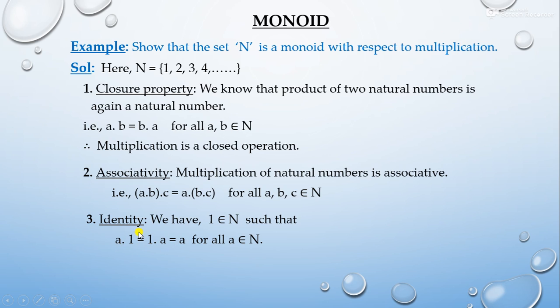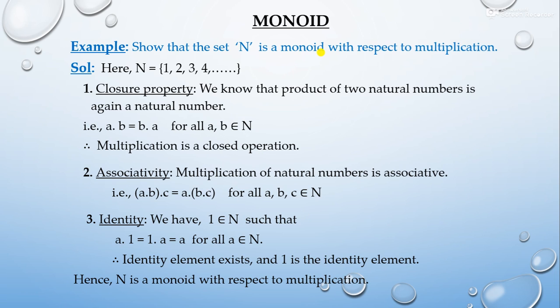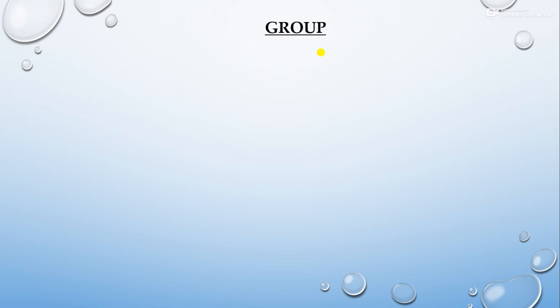So this is the property of identity, that a * e = e * a = a, meaning if we multiply any number with the identity, we get that same number. So this condition is fulfilled, it means that our identity is 1 here. So the identity element of the natural number set is 1. It holds these three properties, so we can say that our set N is a monoid with respect to multiplication. Clear?